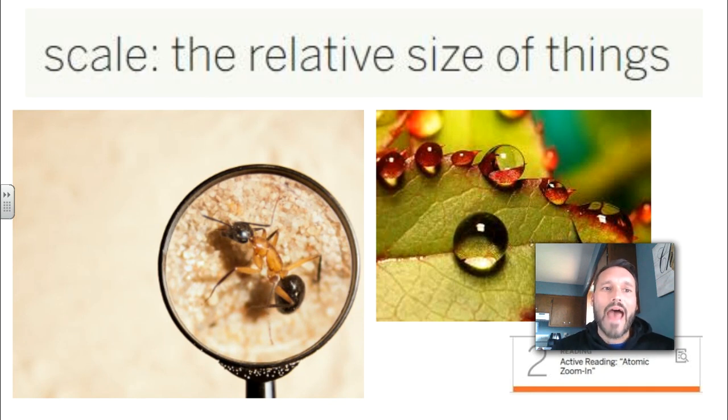When we talk about atoms, they are even smaller than molecules. So atoms make up molecules. So when you're thinking about molecules today and asking questions about atoms today, think about the fact that atoms are even smaller than molecules. But I'd like you to put in scale, the relative size of things.